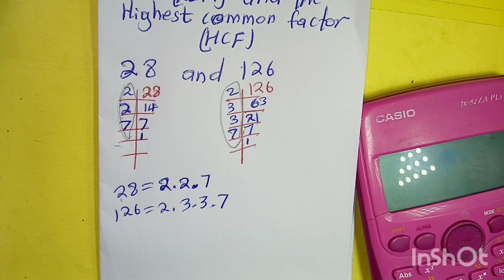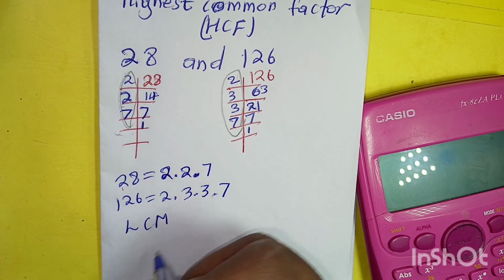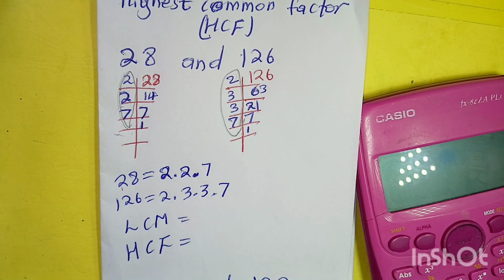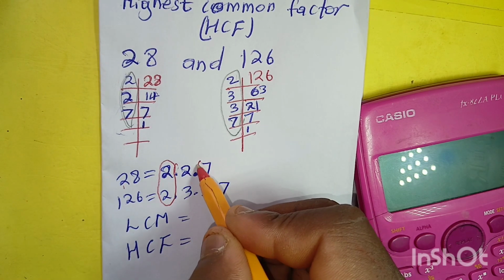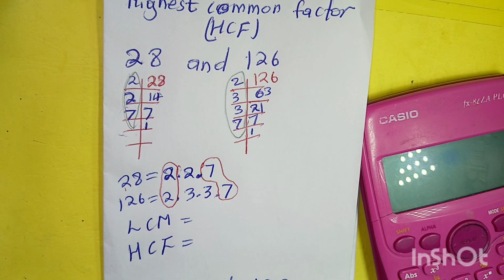Do you see this thing? So now we have to identify the LCM and the HCF. How to get these things, guys? For the LCM, we take everything here, but what is repeating, we count it once. So first of all, let's identify what is repeating here. This thing is repeating, and this one is repeating, or you can say it's common to both.